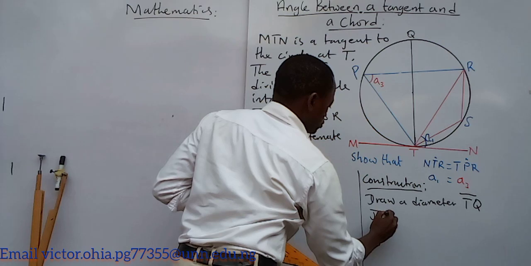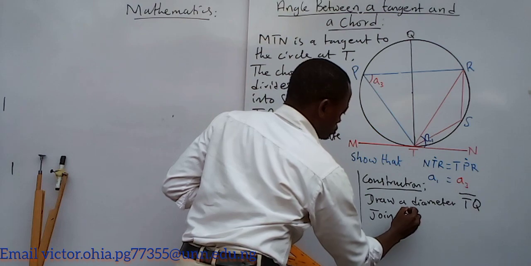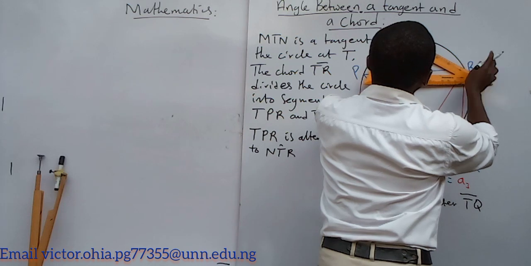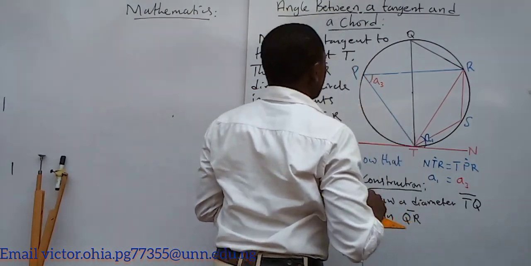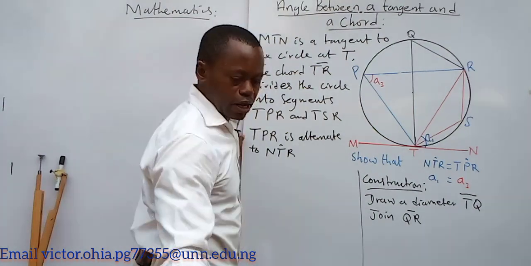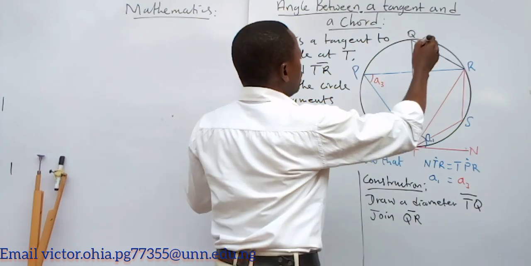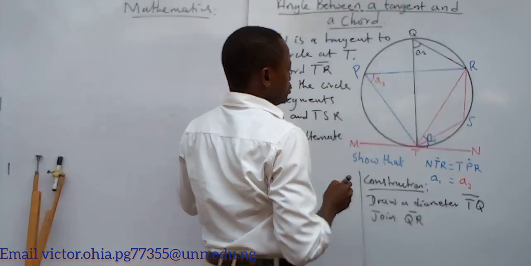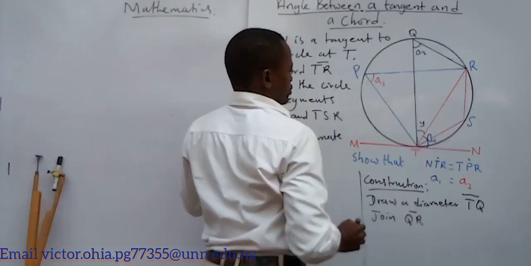Then join QR. Now, there are some things that have been put in place which might possibly help us here. Let me call this angle A2, and let me label this angle here Y.